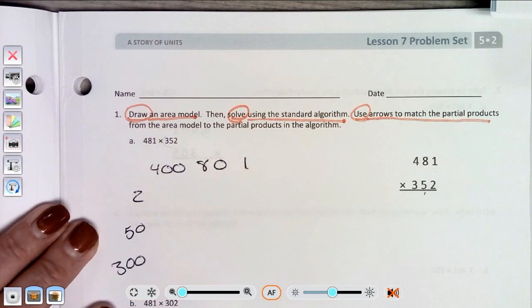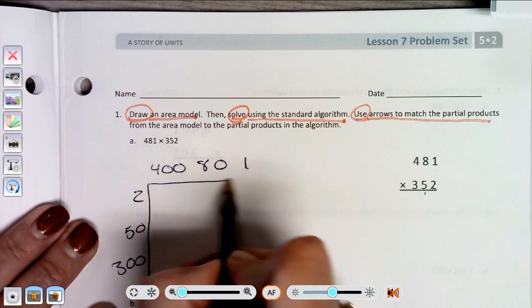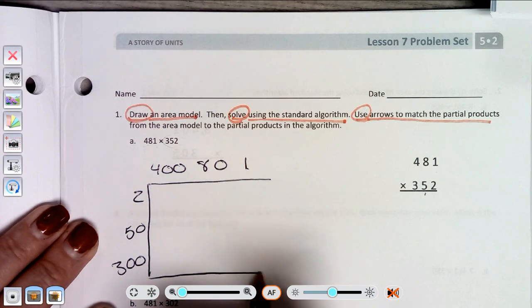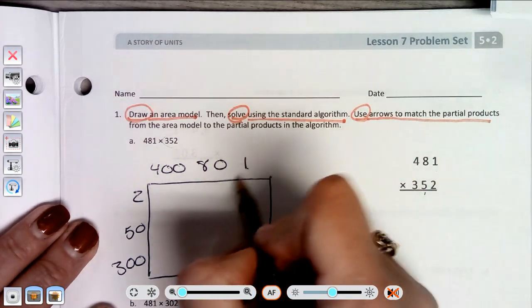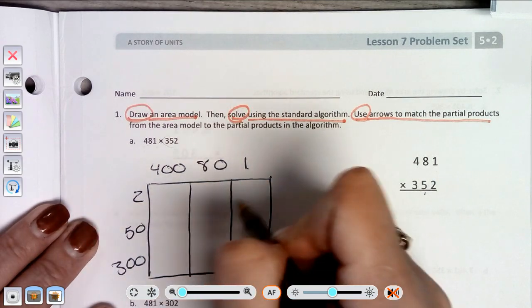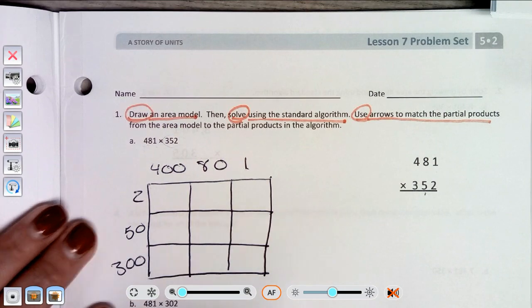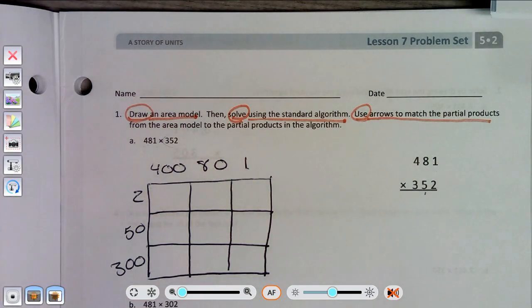By the way, notice how I wrote the numbers before I did the box. I think I told you this before, but if you do it that way, it makes making the box a lot easier because you're just separating your ones and tens from hundreds. See, ones, tens, hundreds, makes it a little easier to separate.